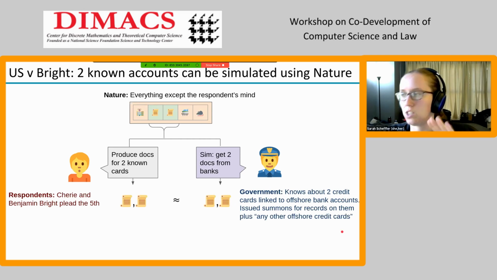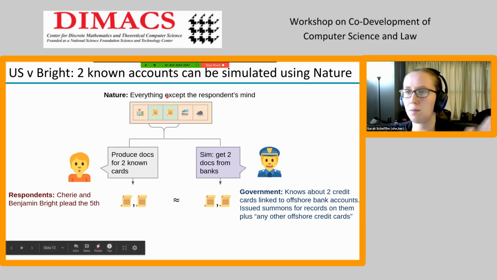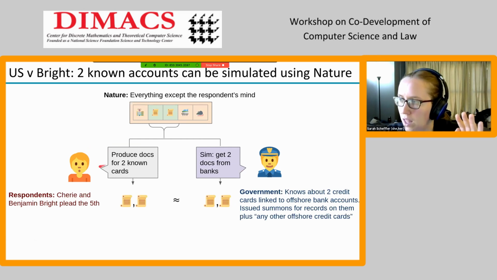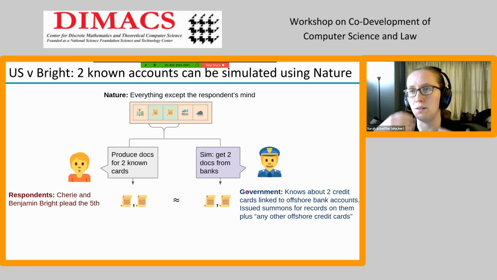If you had just tried to compel production of the documents for the 2 known accounts, the government can simulate that by getting the results directly from nature. Nothing about that is in the respondent's mind. Maybe the method of getting them is in the respondent's mind, but that doesn't matter because the government has a separate way of getting them.